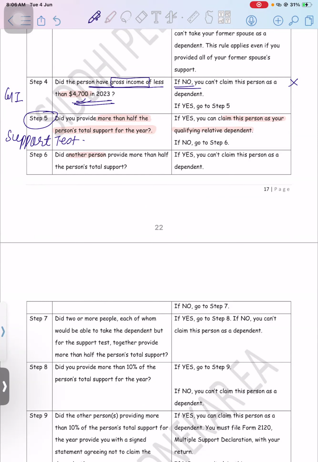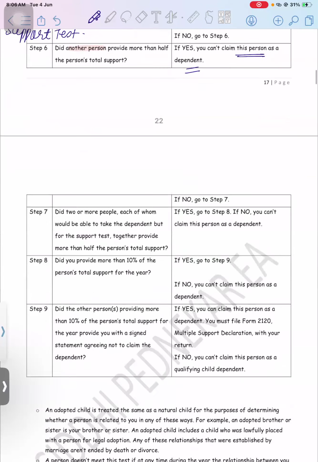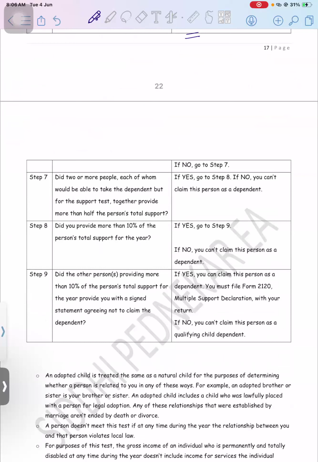If yes, you can't claim the person as a dependent. The simple rule is you should be providing 50% support, not anyone else. If no one else is providing it either, then check whether 2 or more people are providing the support or not. Now here that grandmother example will come. If 3 grandchildren are providing the living expense and the support for the grandmother, then go to step 8.